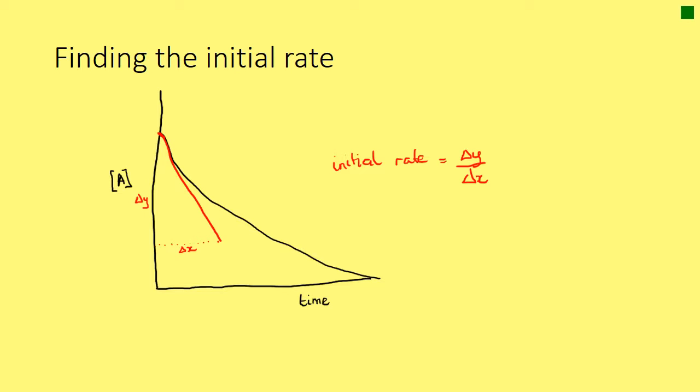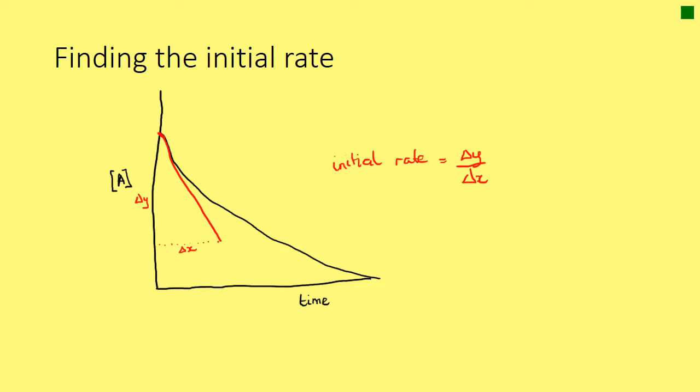And as the reaction proceeds, it's going to decrease. But it's going to decrease at a decreasing rate, all right, because the rate of the reaction changes. And unless it's an equilibrium reaction, it will eventually get to zero when the reaction is finished. So we have a curve there showing the change in concentration over time.